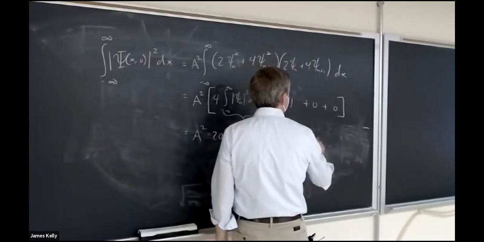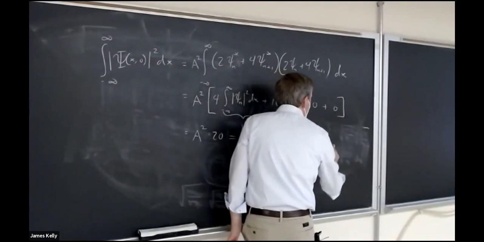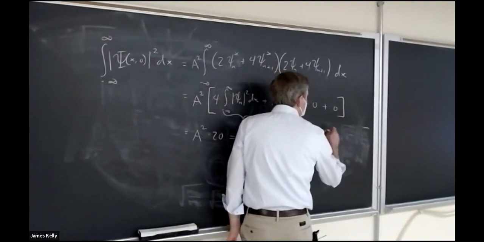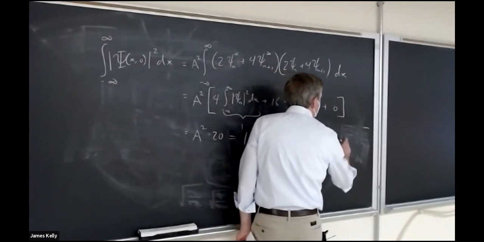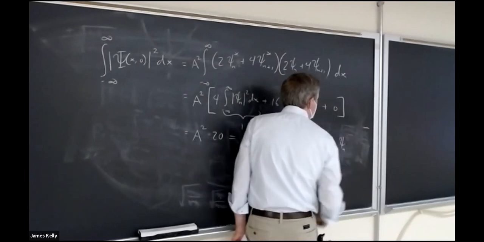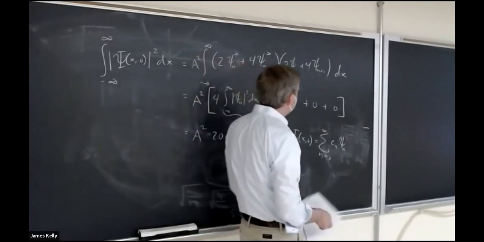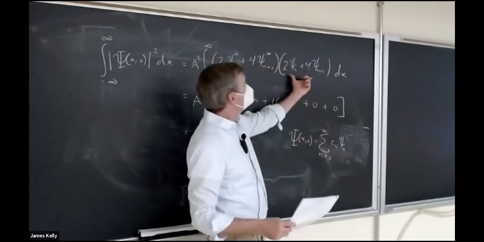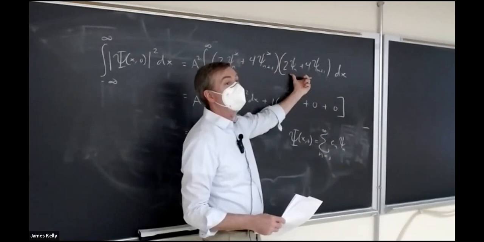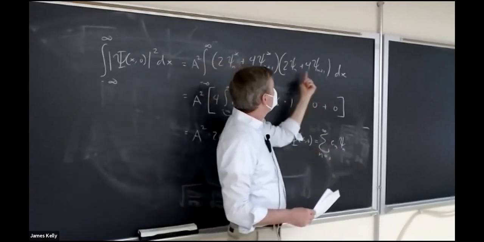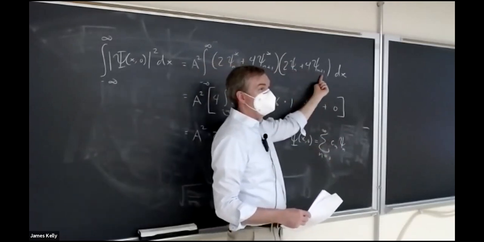It's as if I'm seeing this written out: the sum from 0 to infinity of Cn psi n of x. Except that this is an infinite series where all the terms have coefficients Cn which are 0, except the nth term and the n plus first term.